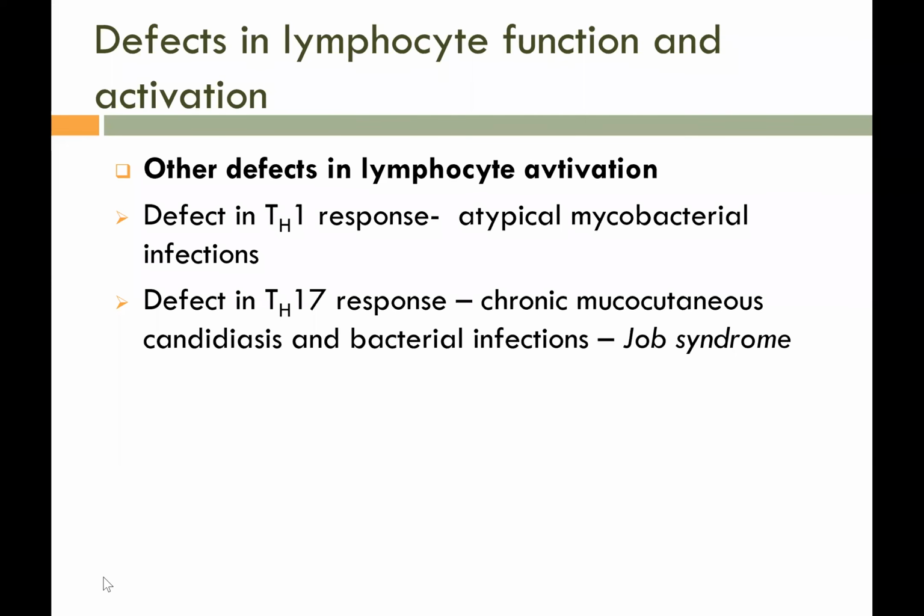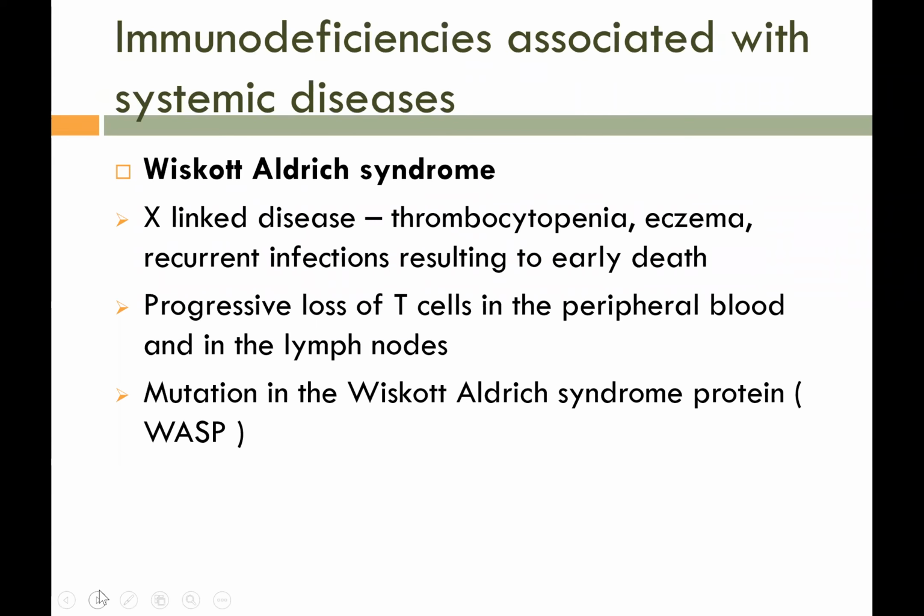So we are now on the part of the chapter in which we are dealing with immunodeficiencies associated with systemic diseases. And the first on the list is what we call Wiskott-Aldrich syndrome.